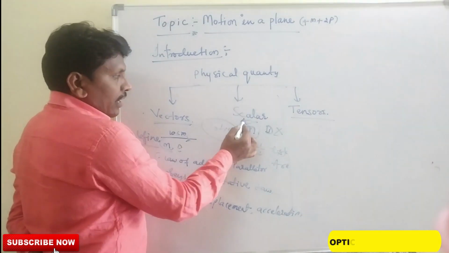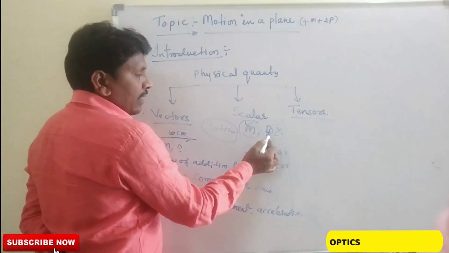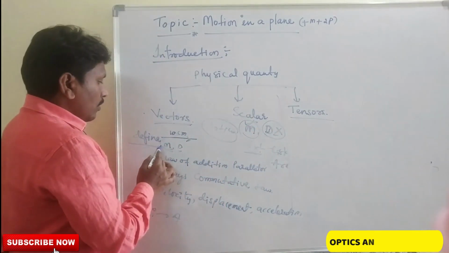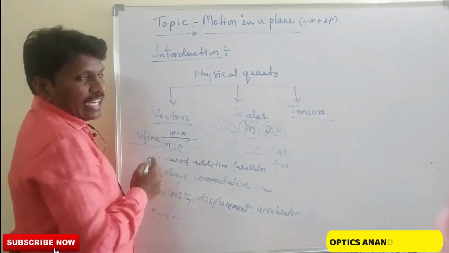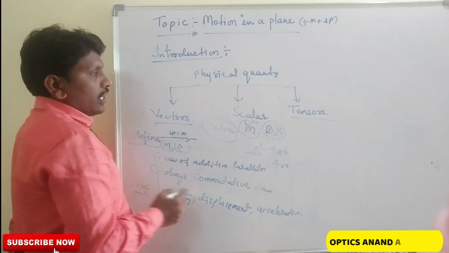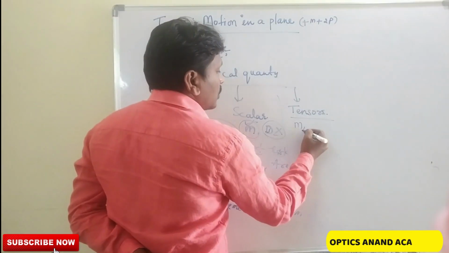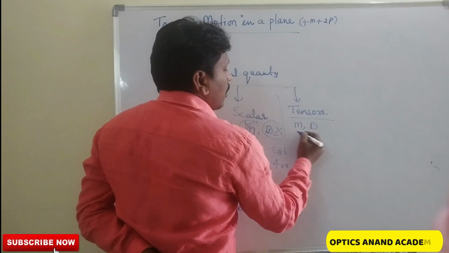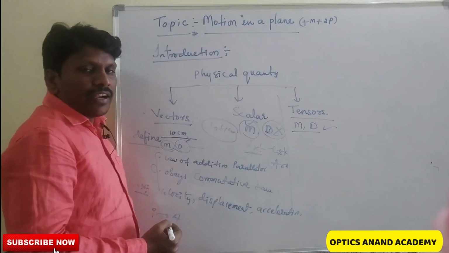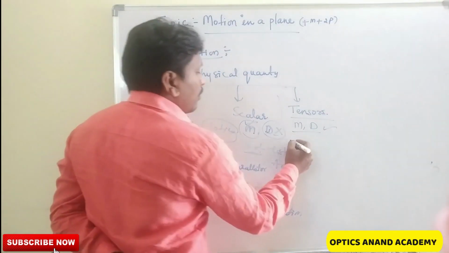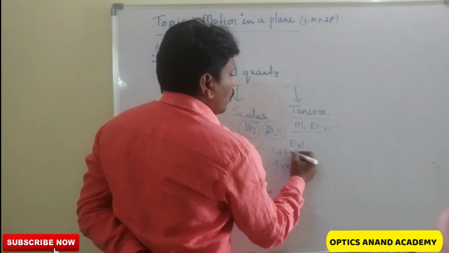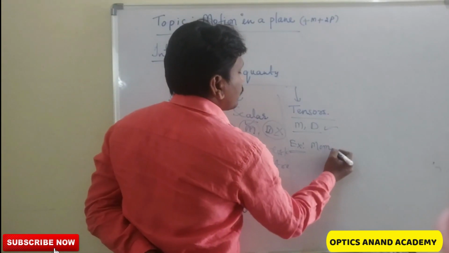Scalars have only magnitude but no direction; vectors have magnitude and a particular, specified direction. Tensors also have magnitude and direction, but in a different way. For example, moment of inertia.